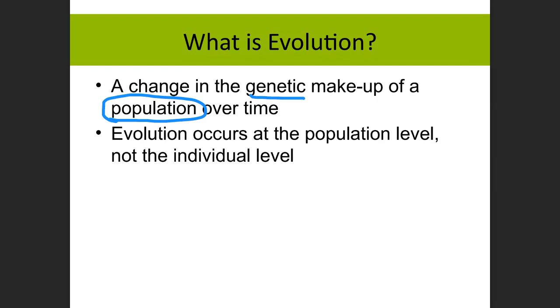They don't change, but the population as a whole can change. It can become more redheaded or more brunette, right? The frequency of these genes can change. That's evolution. And so it's really important to understand that this is happening at the population level, okay, not the individual level. Individuals do not evolve. Population, okay?